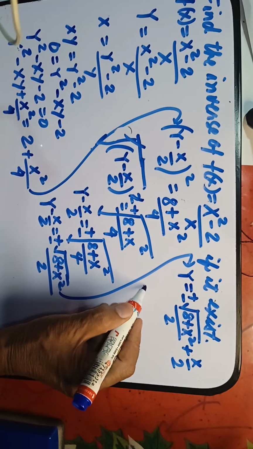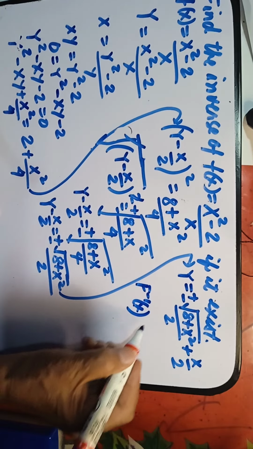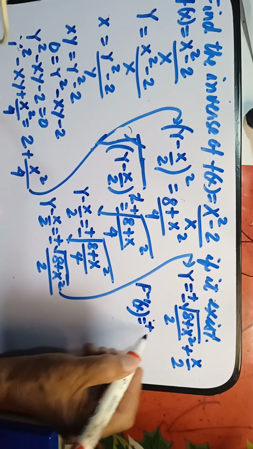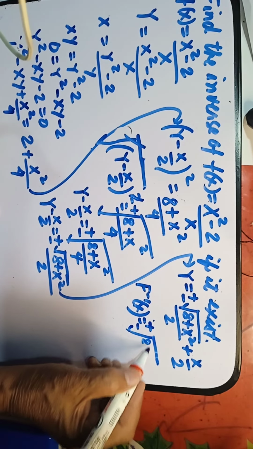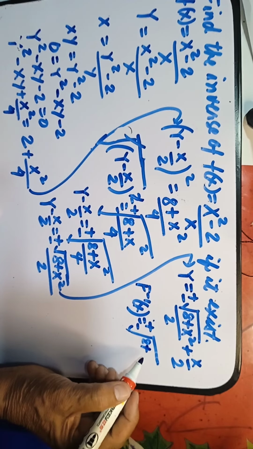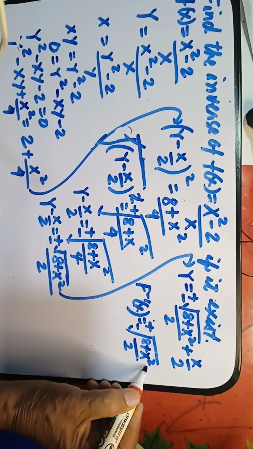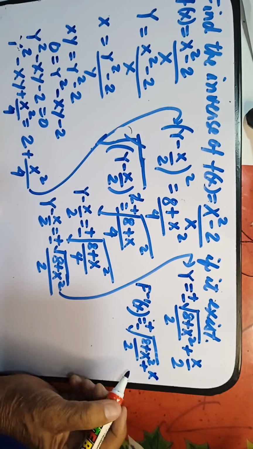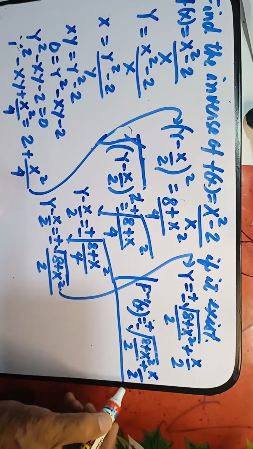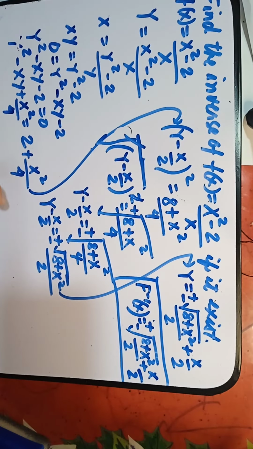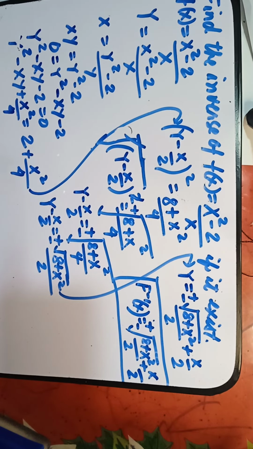So we have the inverse, f negative 1 of x, is equal to plus or minus the square root of 8 plus x square over 2 plus x over 2. So this is now the inverse of the function x squared minus 2 over x.